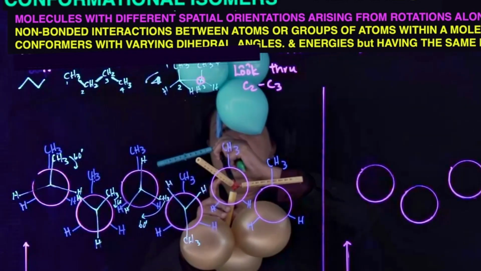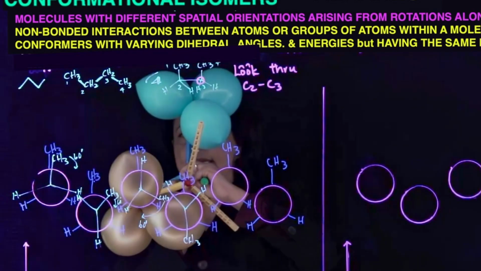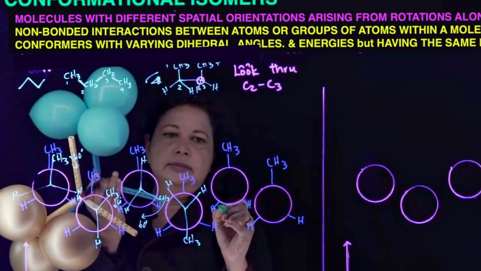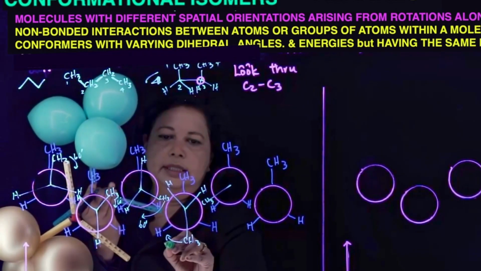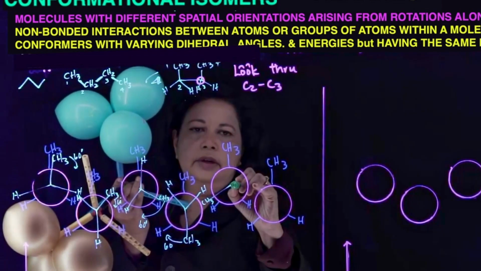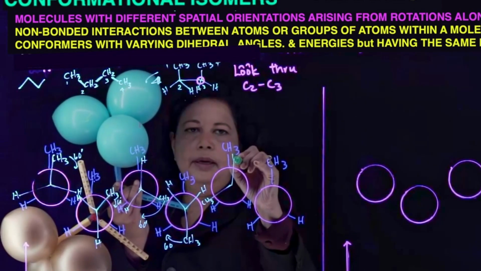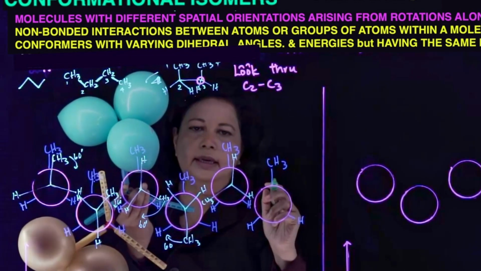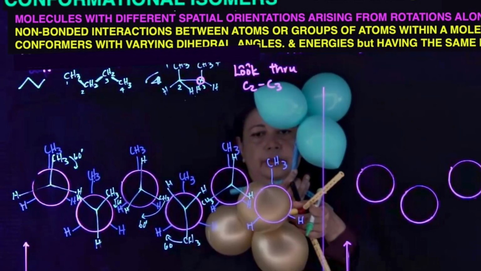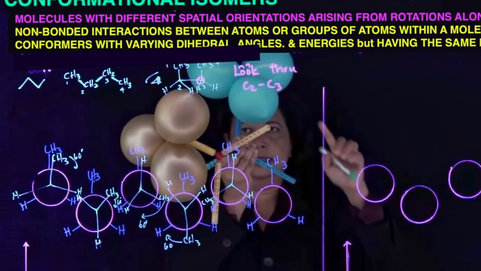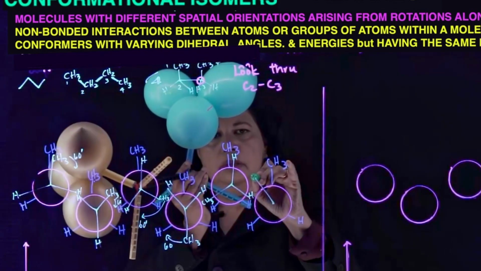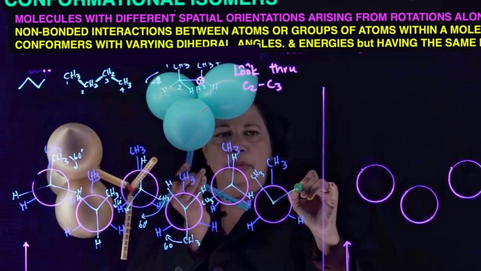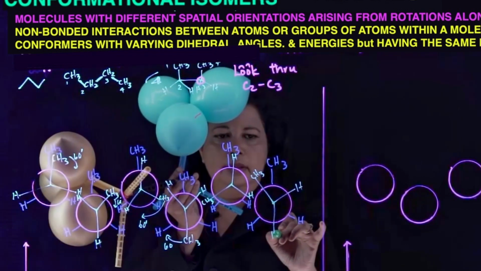Another 60, and you're going to be parallel to this CH. So this is another 60 here. And then your hydrogens are going to be sticking up and on the side. And then you're going to go another 60, and you're going to be your neighbor. Your neighbor is going to be the methyl.